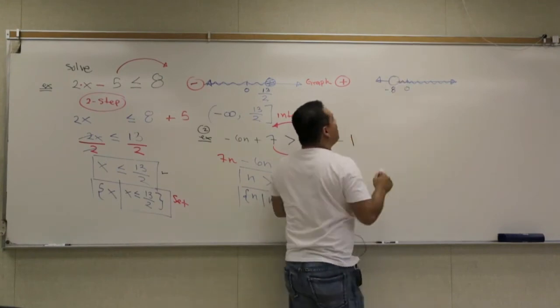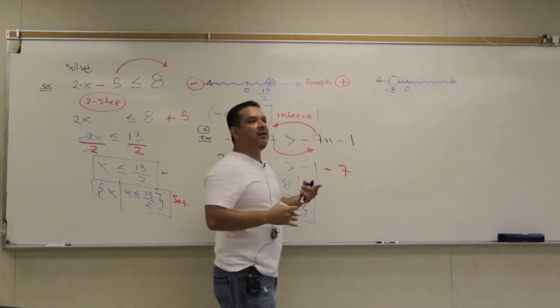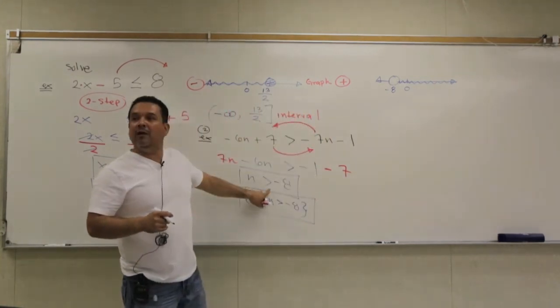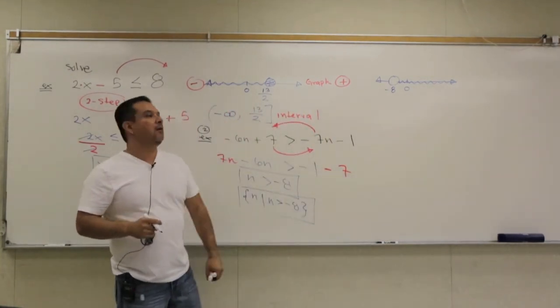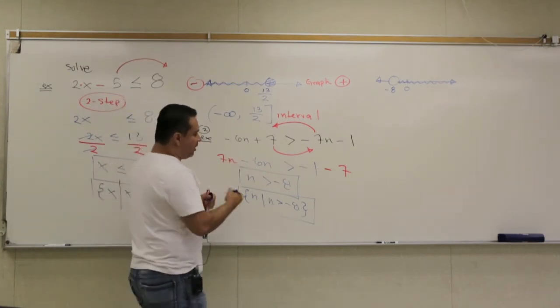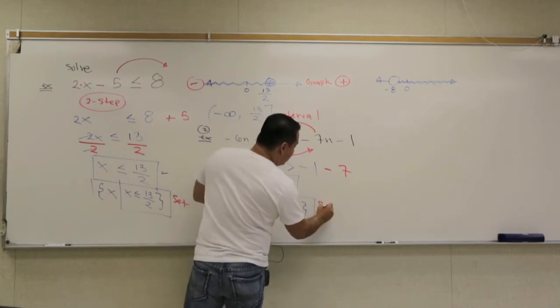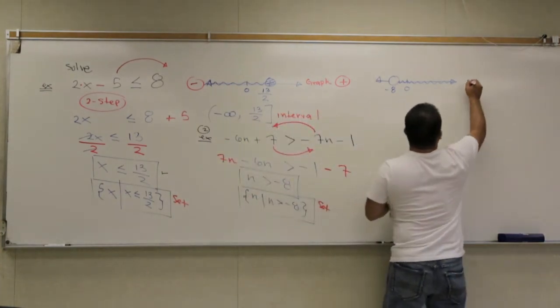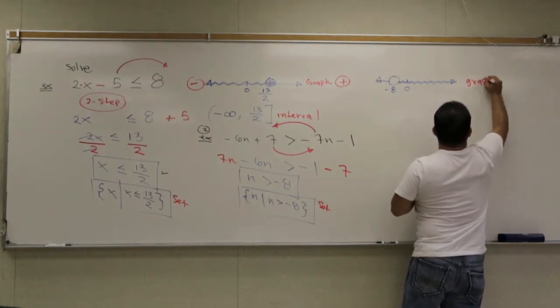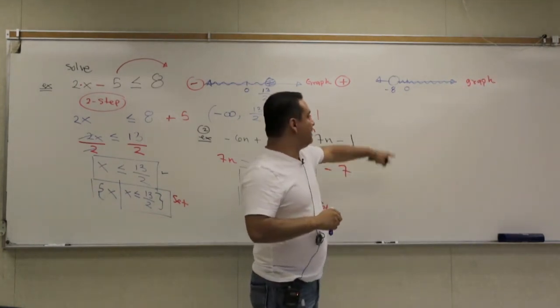That means we do not include negative 8 in the solution. You say, why don't they include it? Because they don't have the equal sign. Okay. So here's your graph. Right? So we have the set notation here. We have the graph. So we got the set, we got the graph.